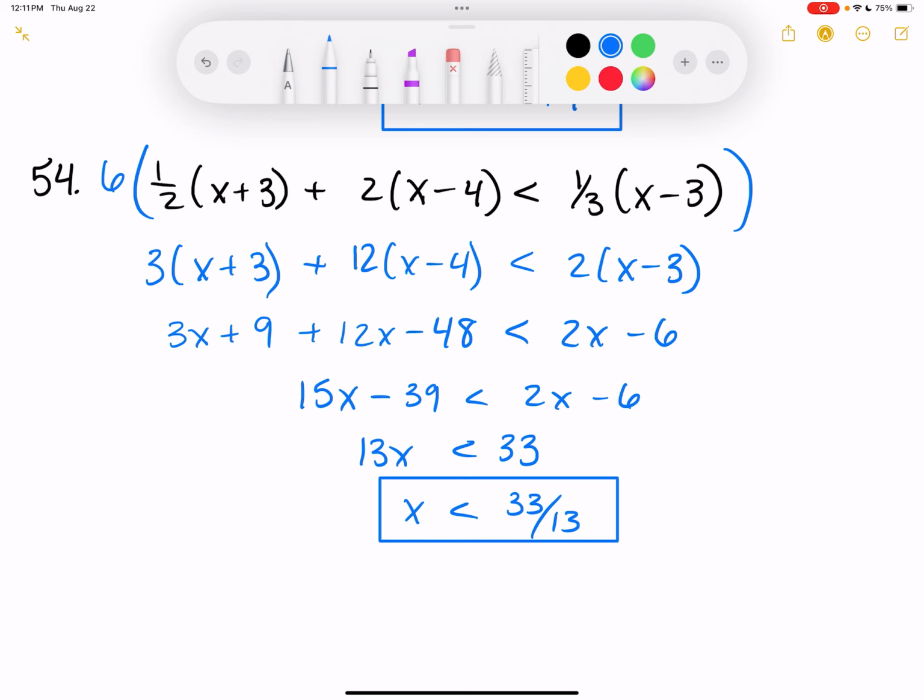Some of you look like you're really looking at your answer. I'm not saying this one is one that can be reduced. I'm just saying that anytime something can be reduced, you should reduce it.